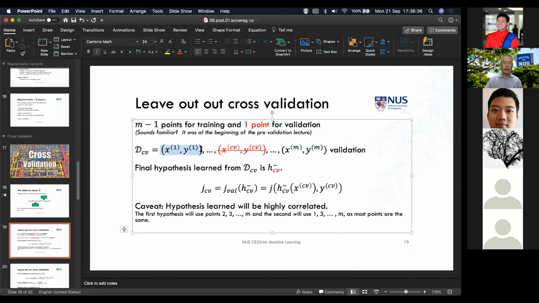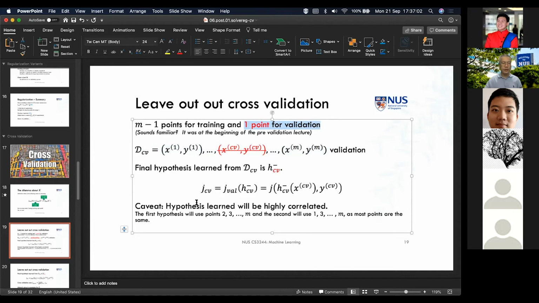So that cross-validation data set, I have m of these. It just strikes out 1 point, okay? So I use this 1 point to get a validation cost, okay? That's my estimate of the error. And then I'm going to average all of these together to get my actual cross-validation estimate of cost, okay?